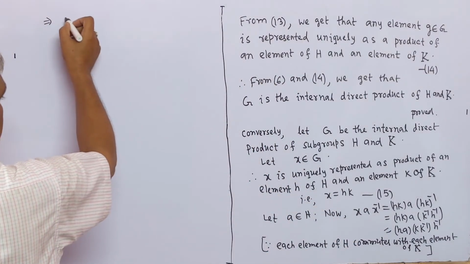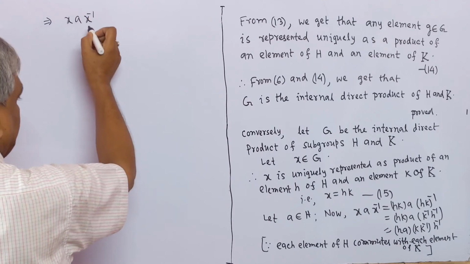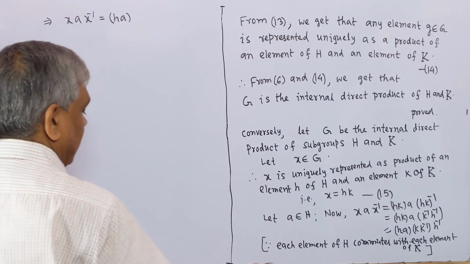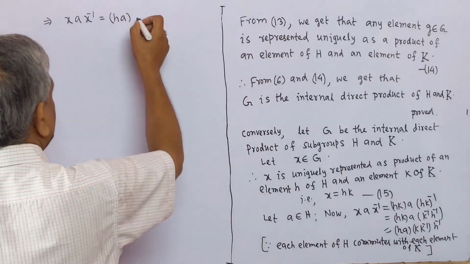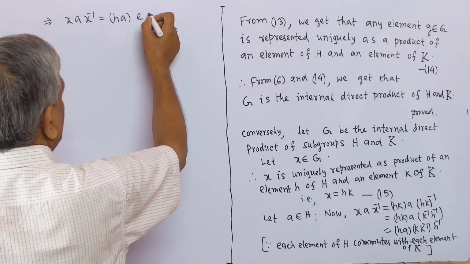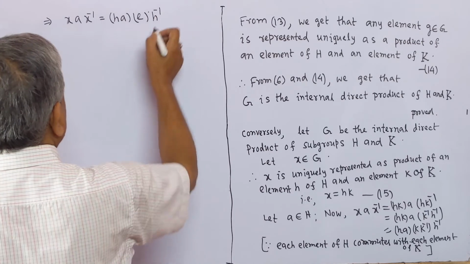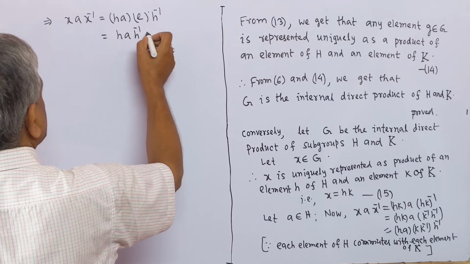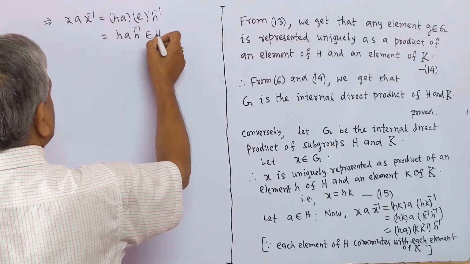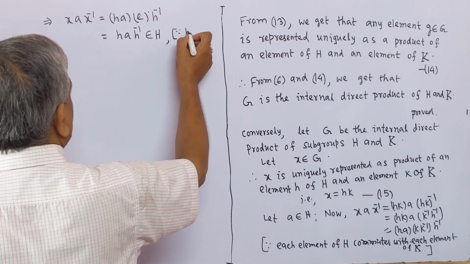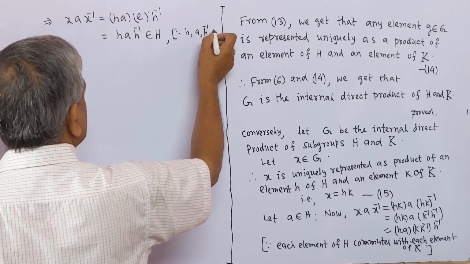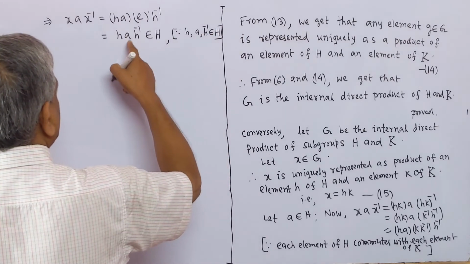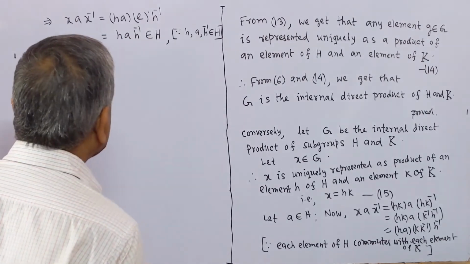This implies that X A X inverse equals H A K K inverse, equal to identity element, and here H A H inverse belongs to subgroup H, since H, A, H inverse are all elements of subgroup H and by the closure property this belongs to subgroup H.